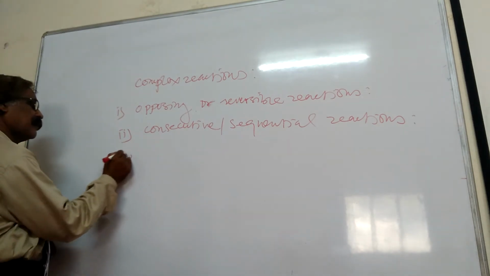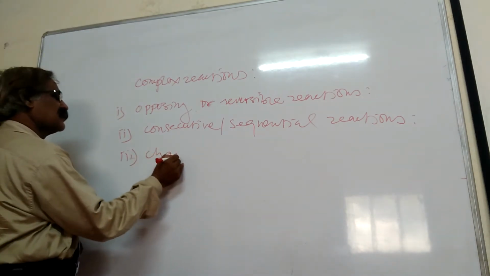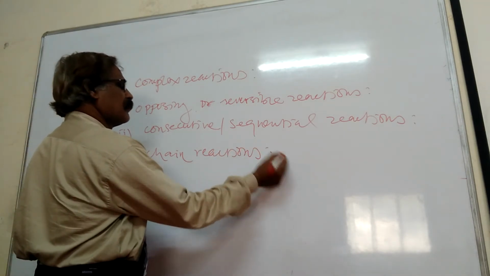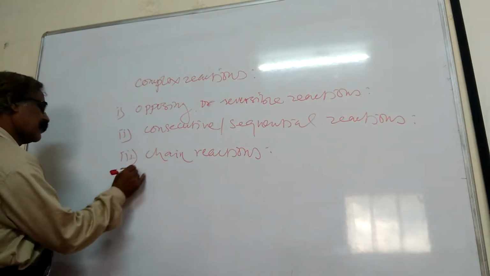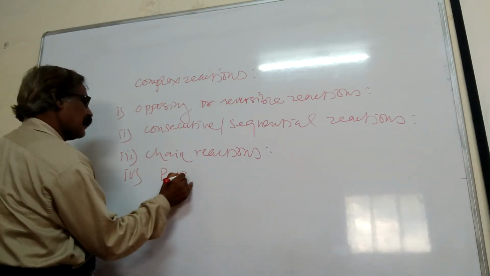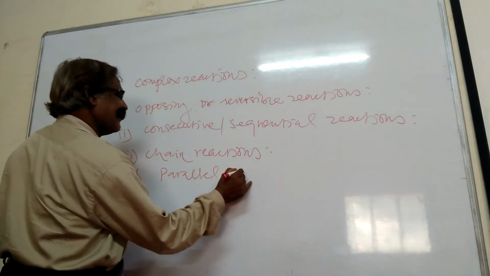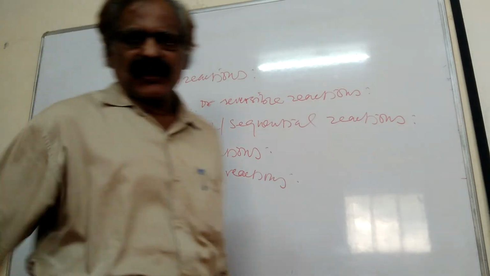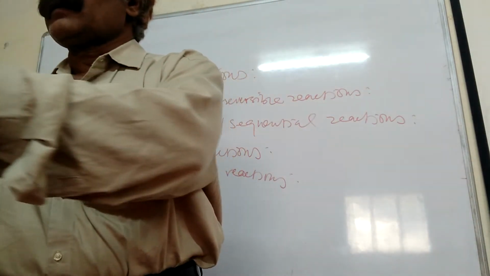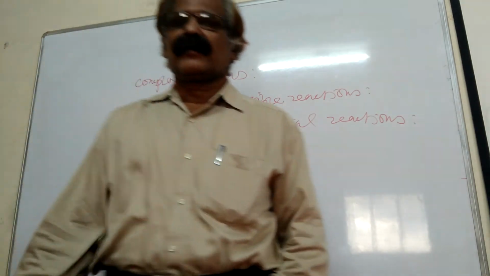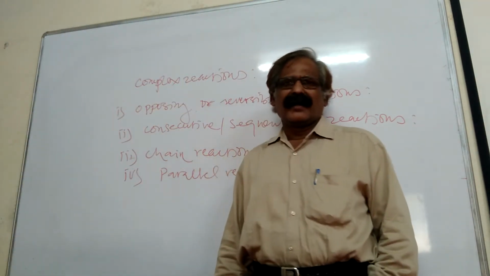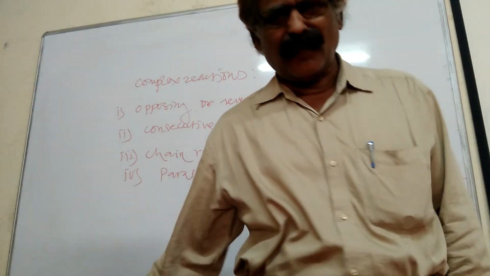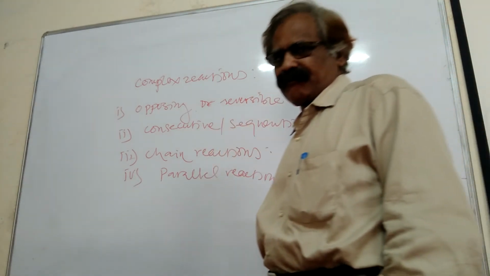Third type, chain reactions. Fourth type, parallel reactions. So these are the four important classes of complex reactions.